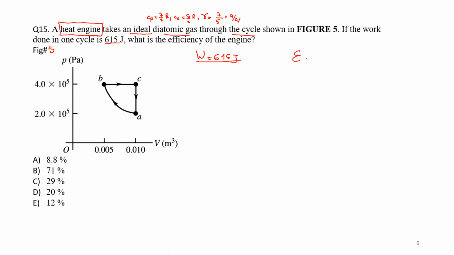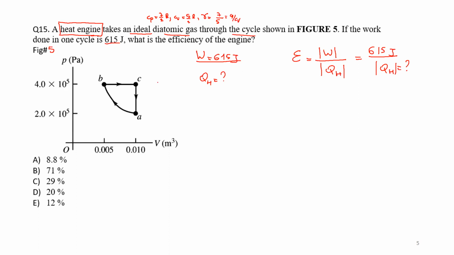So thermal efficiency is just the work, absolute value of course, divided by absolute value of QH. So I know work. QH is what I want. So let's get QH, the heat that the heat engine is taking from the environment.